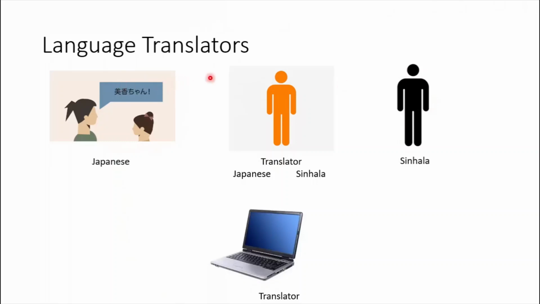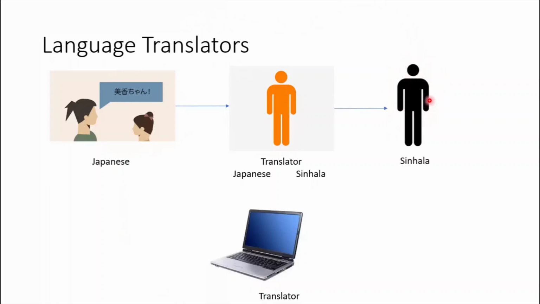So this is interesting, right? This person can understand whatever the Japanese person is speaking here, and whatever this other person is speaking here. So the Japanese person can express his ideas to this translator, and the translator can communicate after translating the language. This is Japanese language, it is transferred into Sinhala and communicated to the other person.